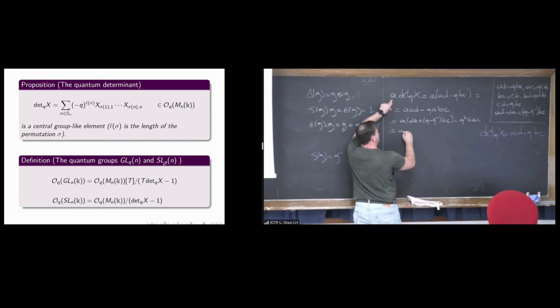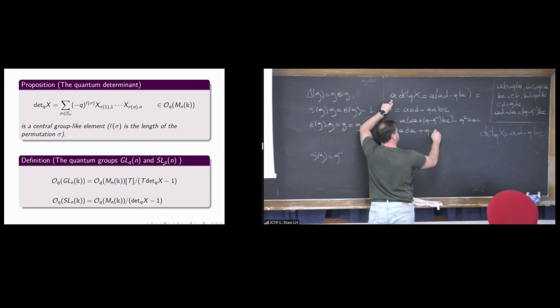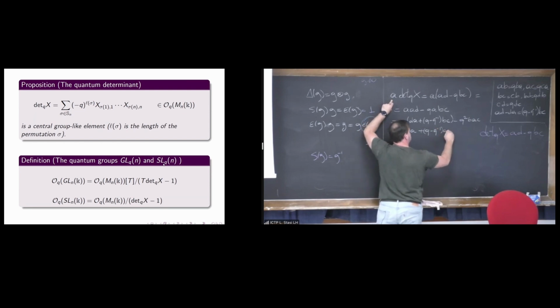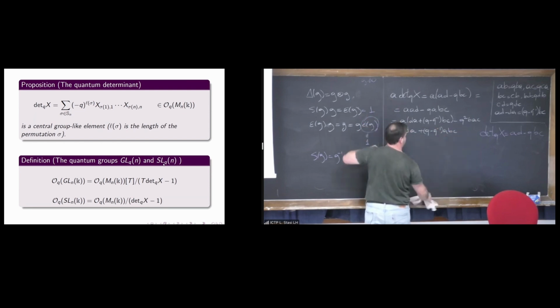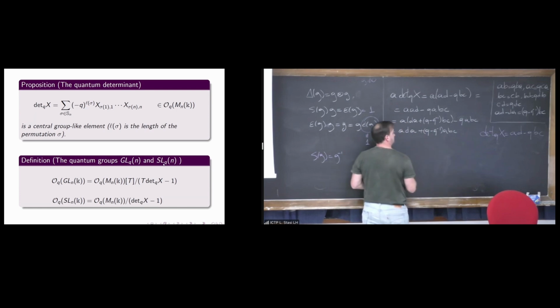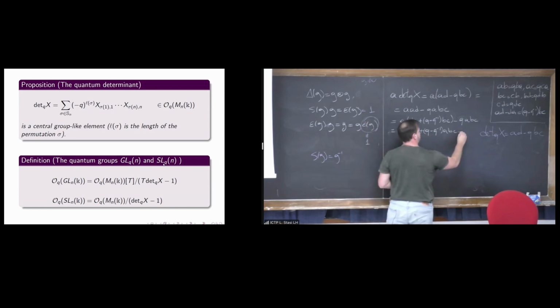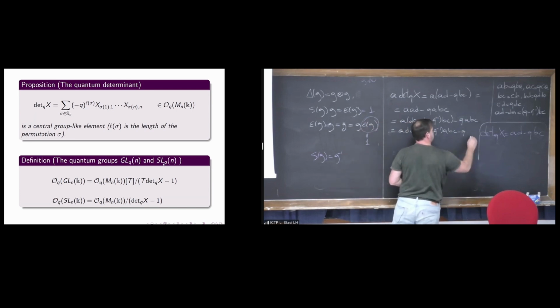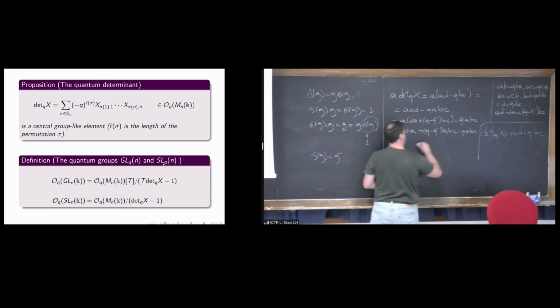So I will do it again. We have A. Let's do the multiplication here. No, I won't change this one because it's going to blow away. So minus Q ABC.